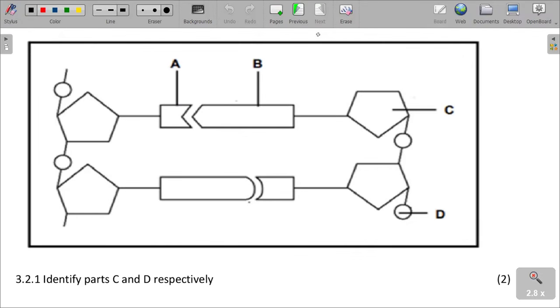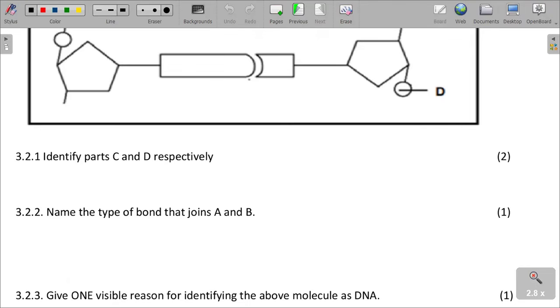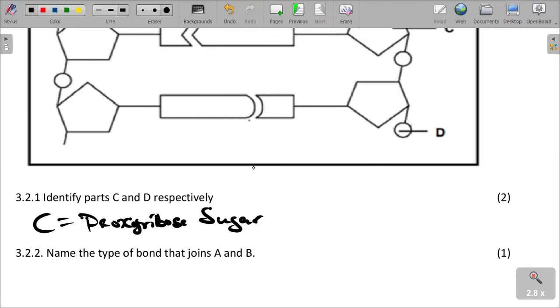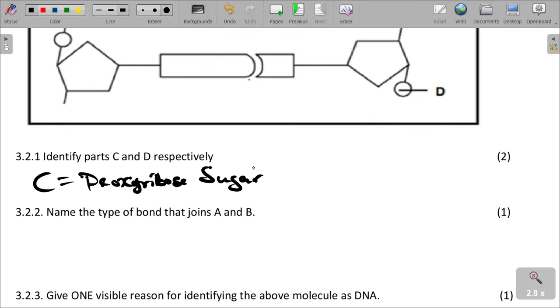Part C, if you look there, is the sugar, which is the deoxyribose sugar. That is C, and then obviously D is the phosphate group.